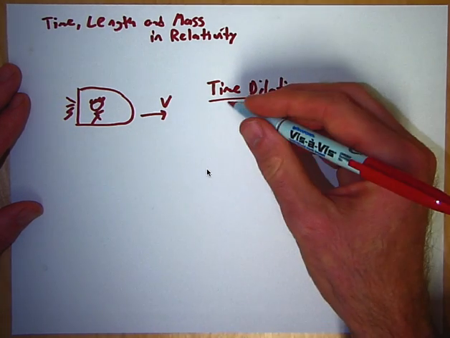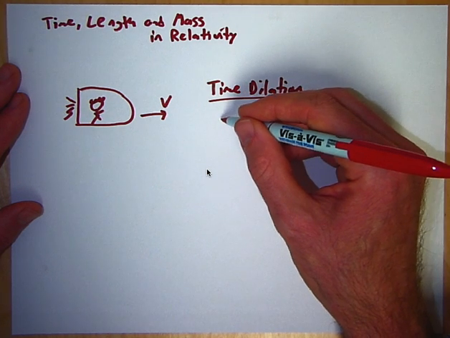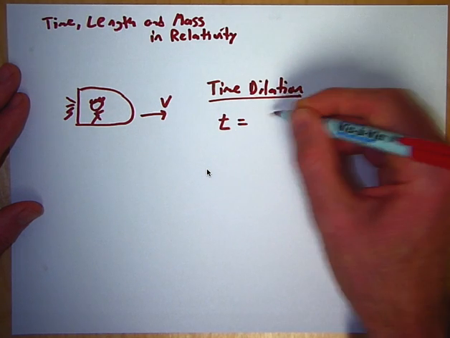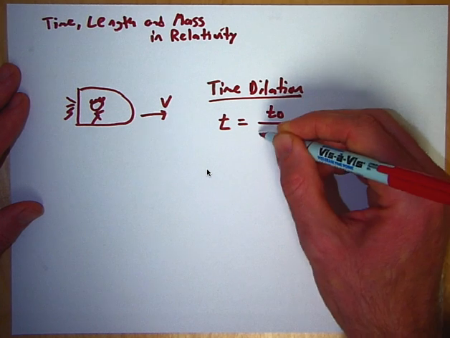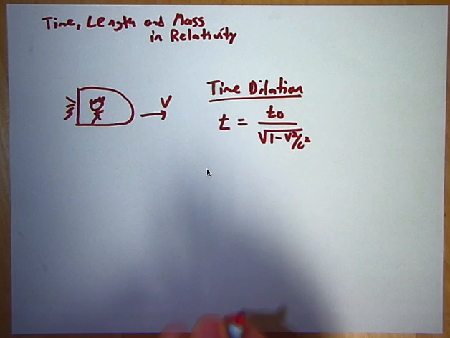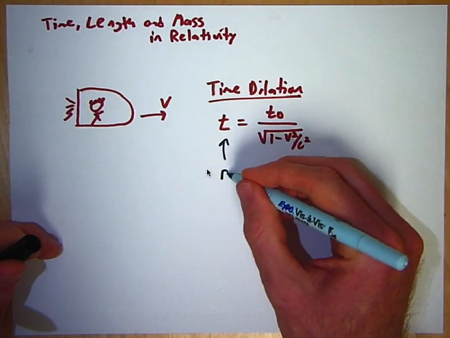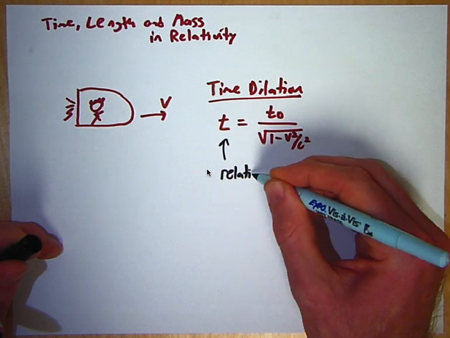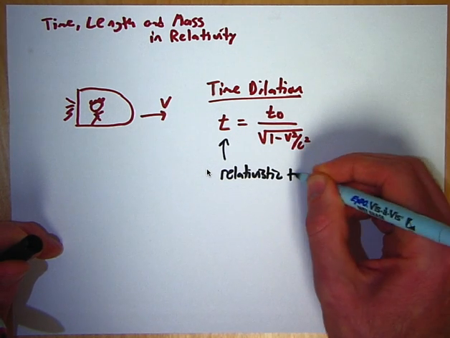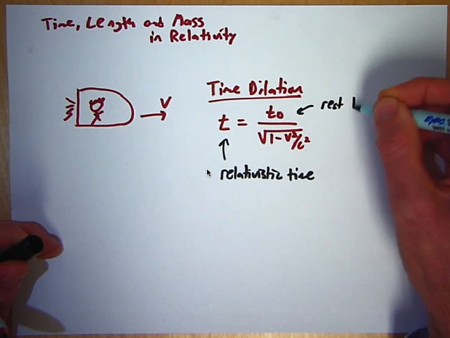So let's get the time dilation equation here. We have t is t_0 over the square root of 1 minus v squared over c squared. And just to remind you what these different terms are, t is going to be the relativistic time, and t_0 there is what we call the rest time.